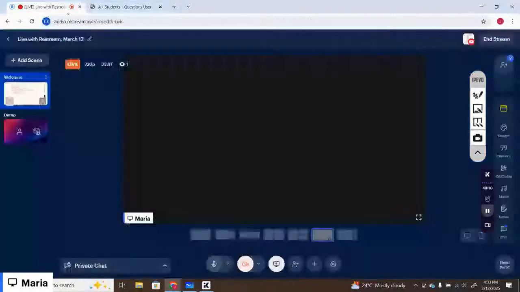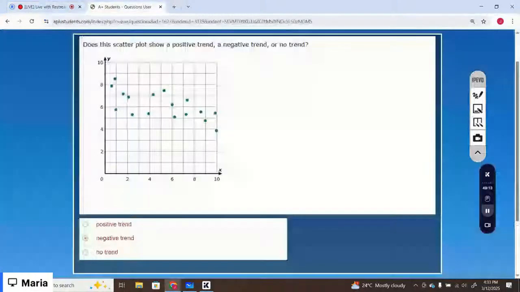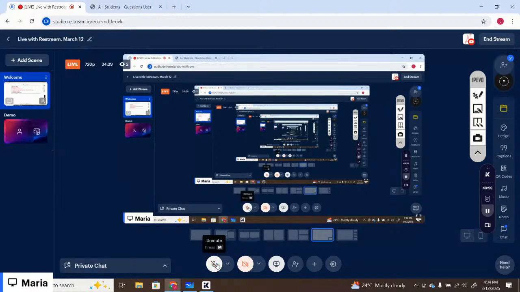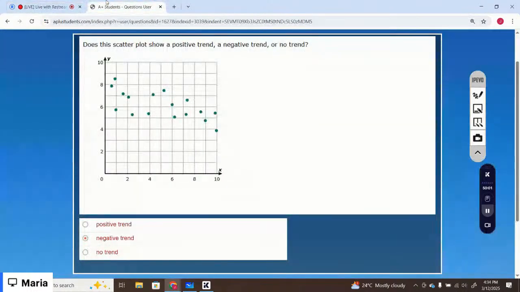So that shows the negative trend. Option number two is the correct option.